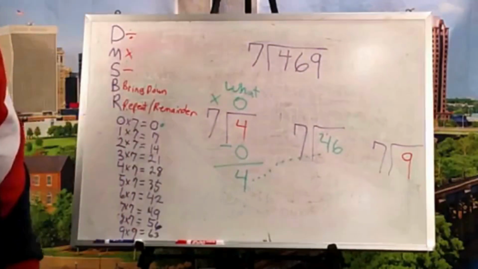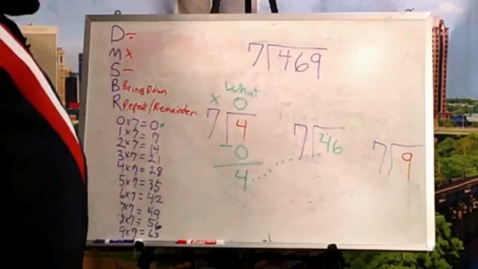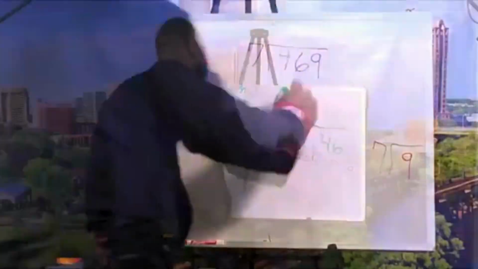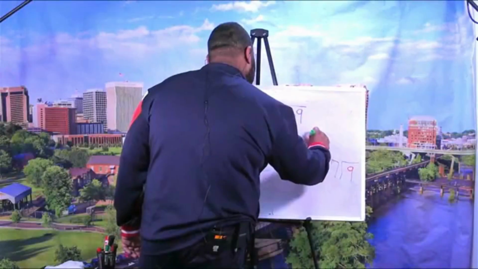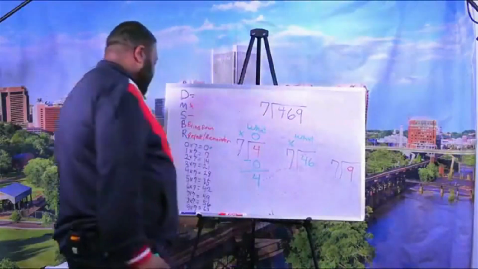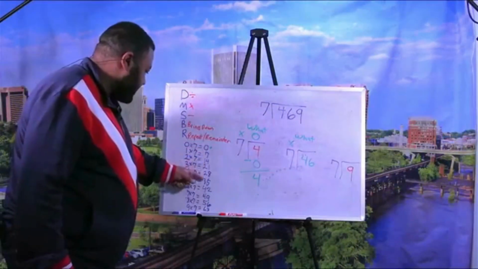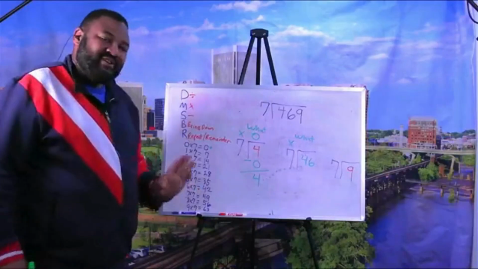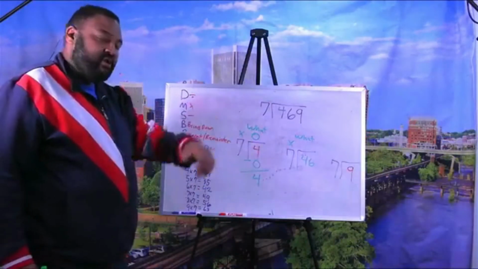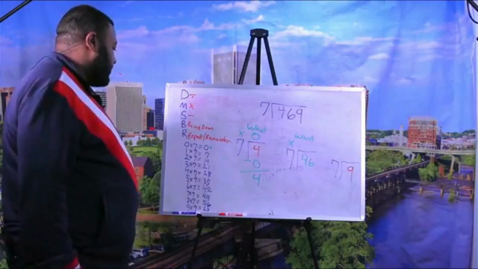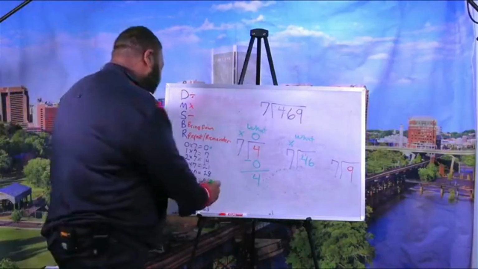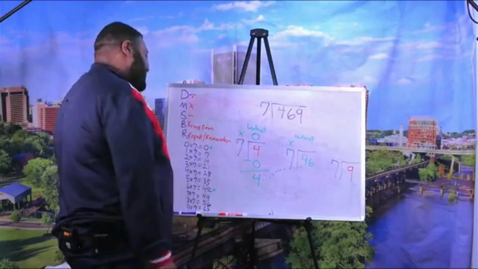Questions or concerns? That gives us 46. Now, come over here. What times 7 gives us close to 46 without going over? 0, 7, 14, 21, 28, 35, 42, 49. 49 has gone what? Over. Since 49 has gone over, we have to go up to 42, which gives us 6 times 7.